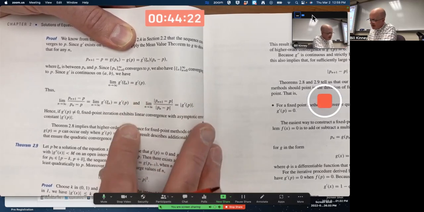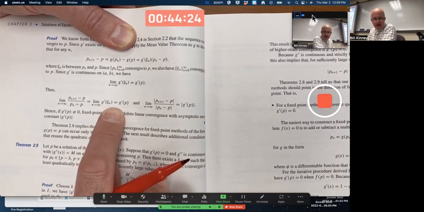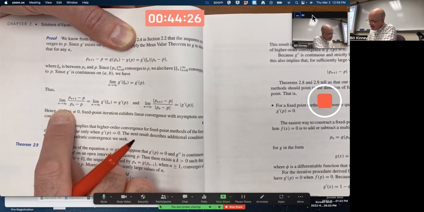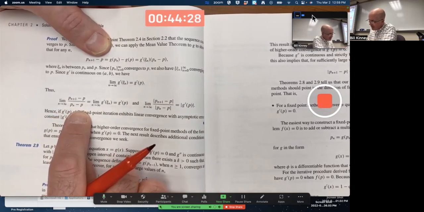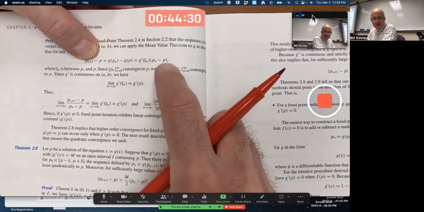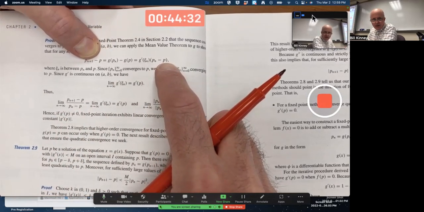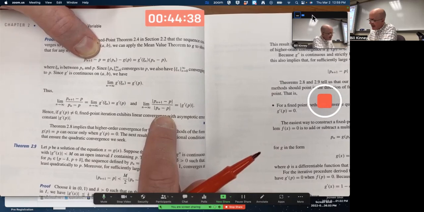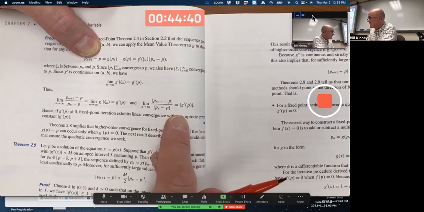So that must be relevant here. Where's it relevant? I guess it's right there. The limit as n goes to infinity of this fraction equals that. Well, okay, that's related to this equation here. Just divide this equation on both sides by Pn minus P. And to get from here to here, you essentially just take absolute values, and this is valid as well.